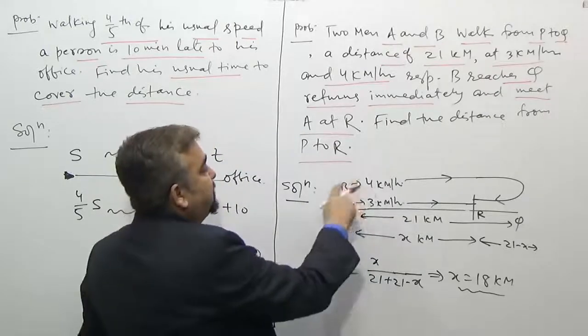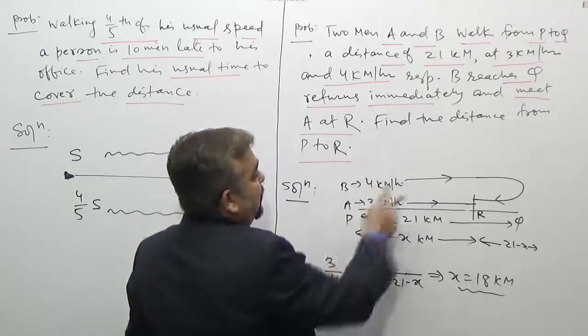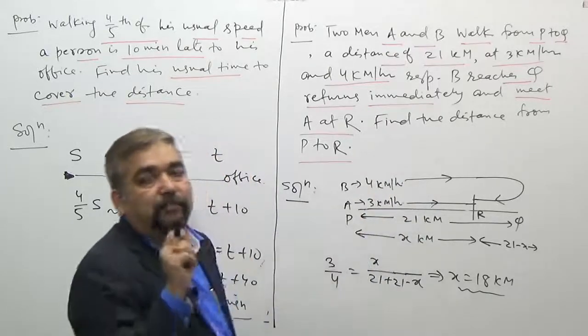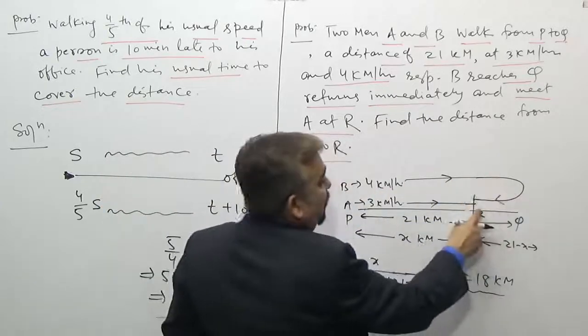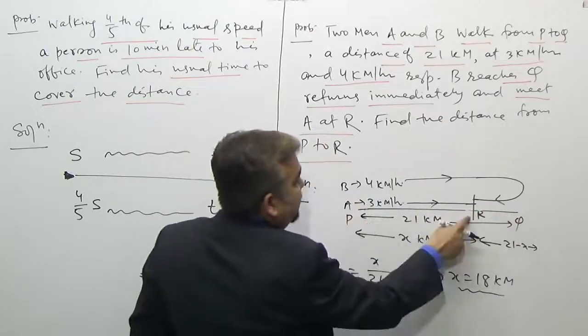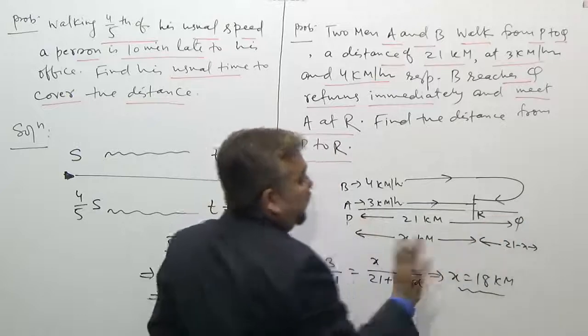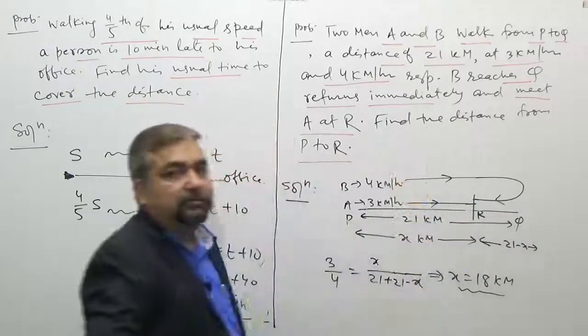Now, the same time is taken by B also. In 6 hours, B will cover how much? 6 into 4, that is 24 kilometer. That is 21 plus 3 kilometer. So QR is 3 and PR is 18. 18 plus 3 is 21. Means A and B have met at R.